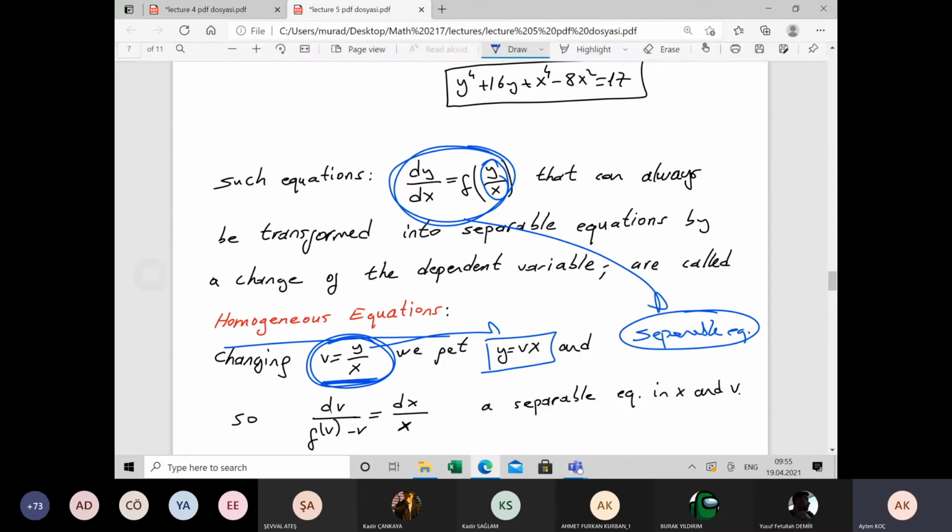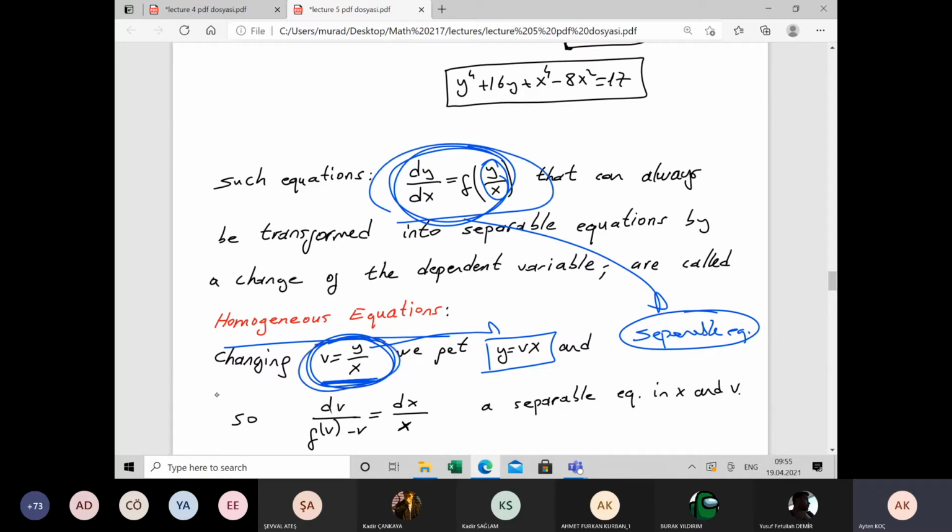If our equation is in this form, using this substitution we obtain a separable equation, and then solve this equation. So let's see that. We use this substitution, y is vx, but our differential equation contains the first derivative, so we have to compute the first derivative.